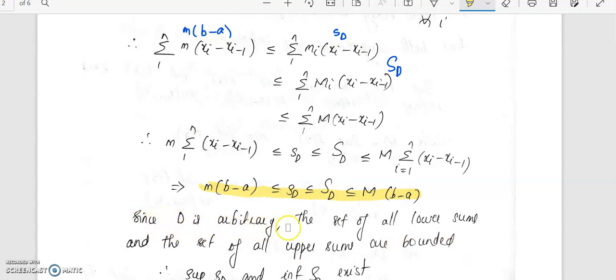Now since d is arbitrary, the set of all lower sums and the set of all upper sums are bounded.